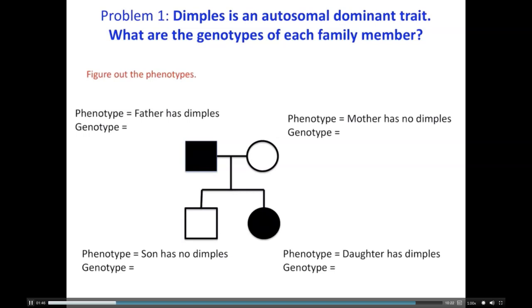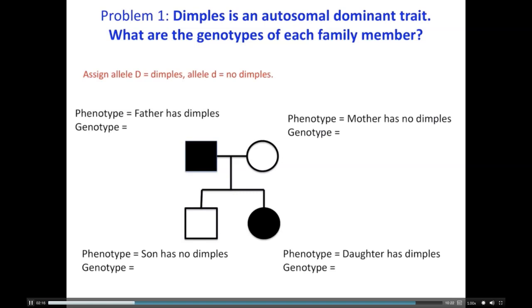First, you want to figure out the phenotypes of each person. Again, the phenotype means the physical expression of that gene. So the father and the daughter have dimples, and the mother and the son have no dimples. Now we want to figure out the genotypes, and we will assign the letter capital D for the dimples allele and the letter little d for the no dimples allele.